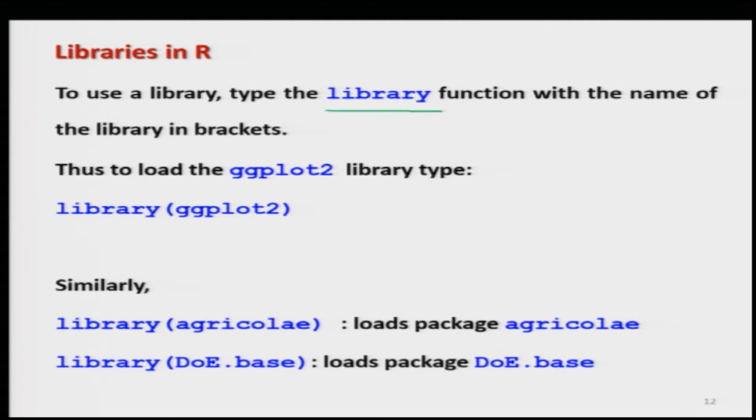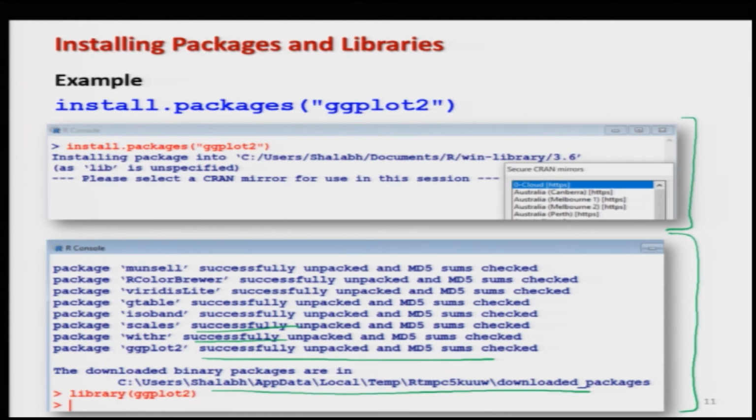This is a function, and you write the function library, and inside the brackets you write the name of the package which you want to load. For example, to load the package ggplot2, you write library, and inside the parentheses you write ggplot2. You can see it here in the earlier screenshot.